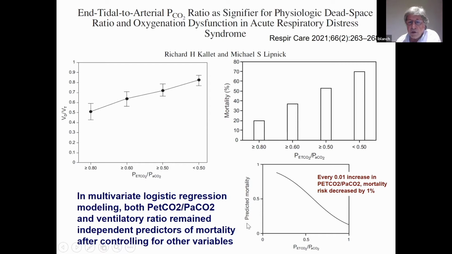Using a mathematical model to predict mortality, they found that for every 0.01 increase in end-tidal CO2 as a function of PaCO2, mortality risk decreased by 1%. So this is an index that can be easily computed at the bedside each time we get arterial gases, and that may help. In multivariate logistic regression modeling, both end-tidal to PaCO2 ratio and ventilatory ratio remained independent predictors of mortality after controlling for other variables.